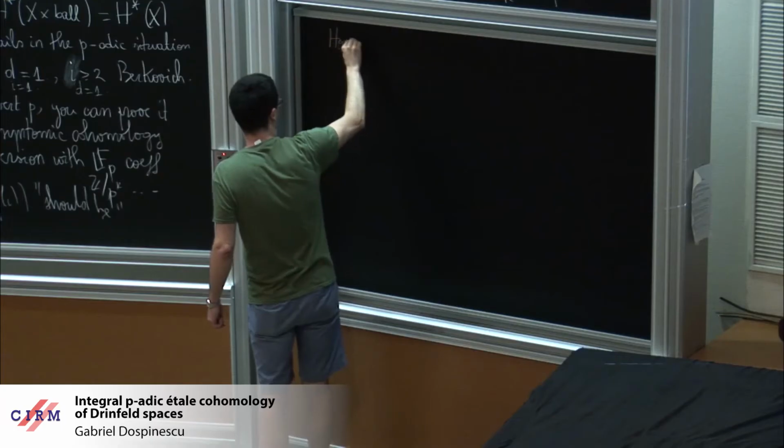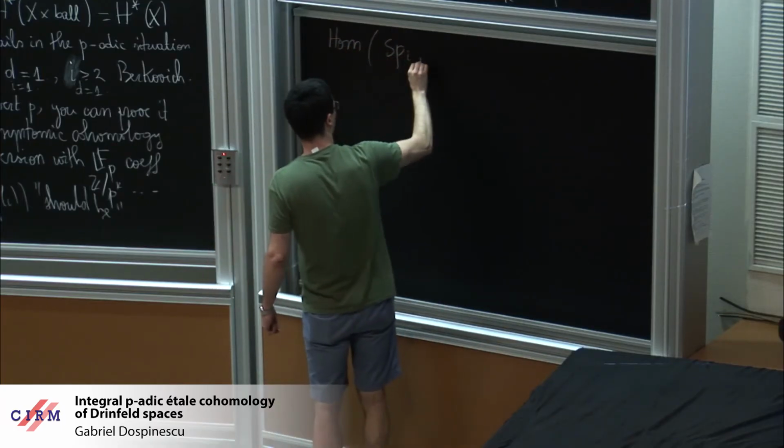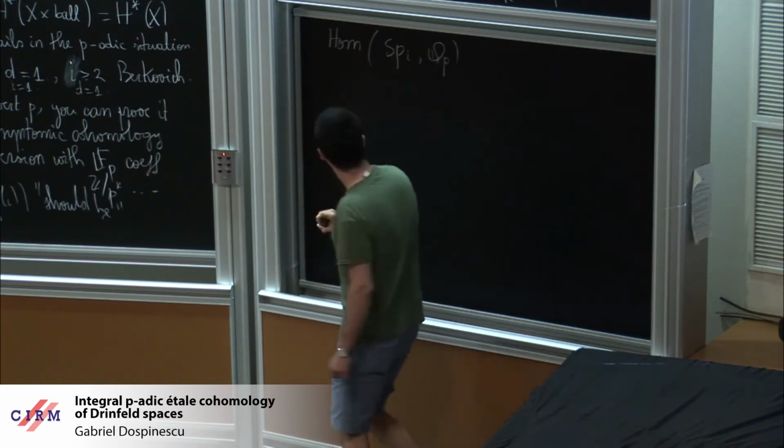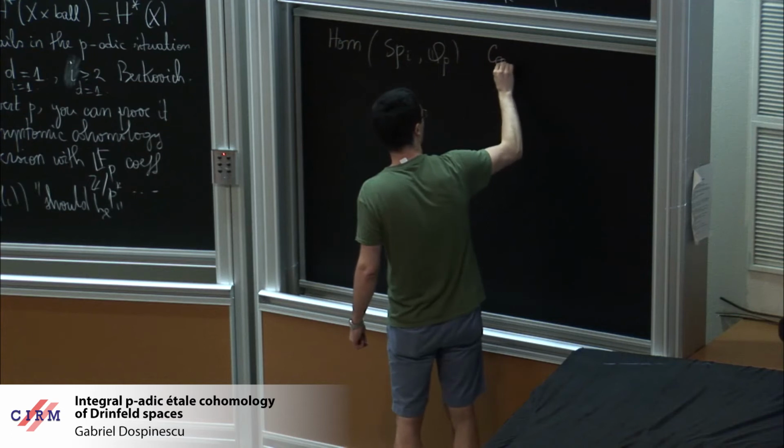Should be Hom from SP_I into Q_p. So this is a very, very big space, right? However, this is completely false.